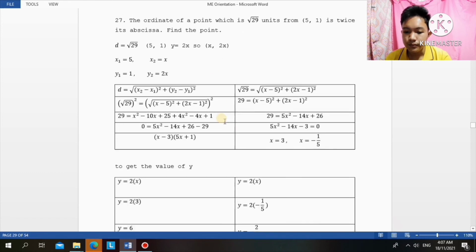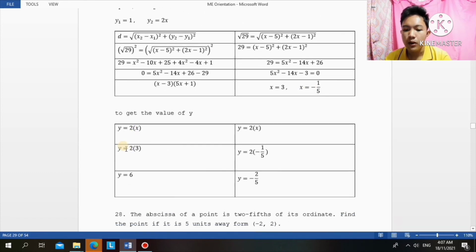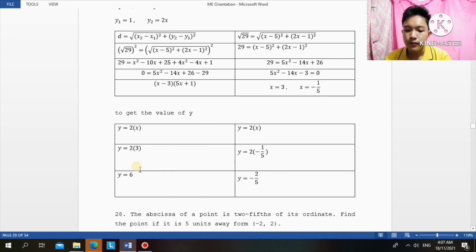So to get the value of y, let's substitute the values of x. So y is equal to 2x, since it is twice the x. Let's substitute first the value of 3. So y is equal to 2 times 3, which will become y is equal to 6. Then substitute the negative 1 over 5.